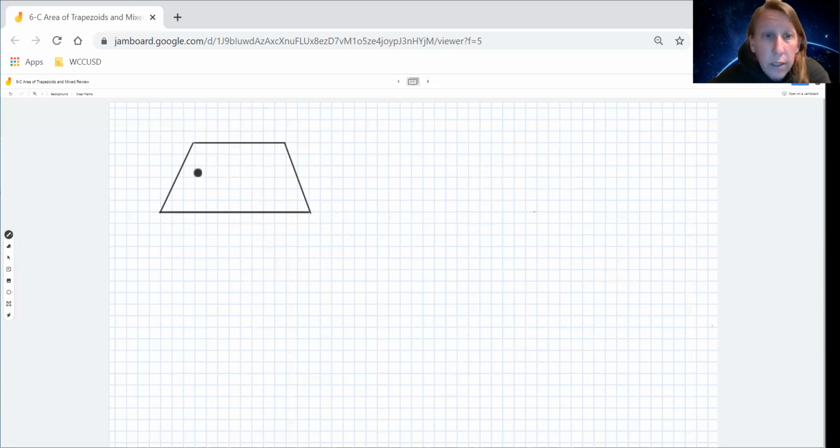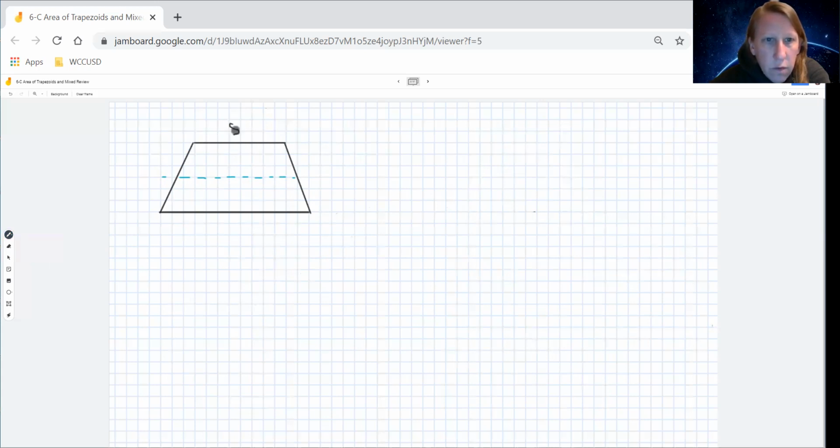There is something really interesting about this line right here. And someone really smart said, this distance here is actually called the median. So I'll use black. 1, 2, 3, 4, 5, 6, 7, 8.